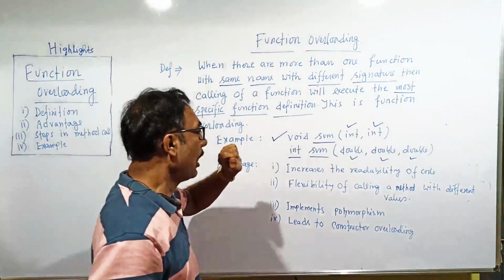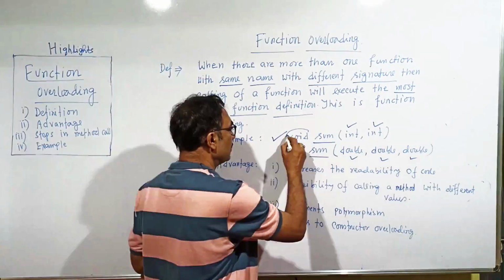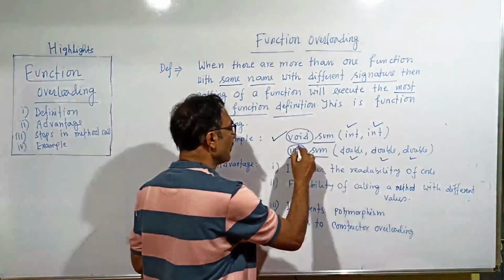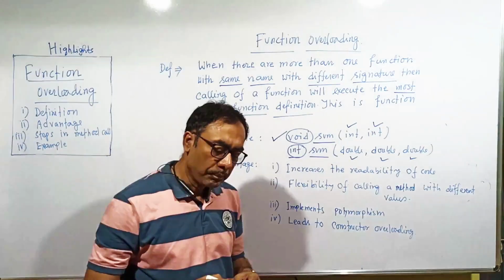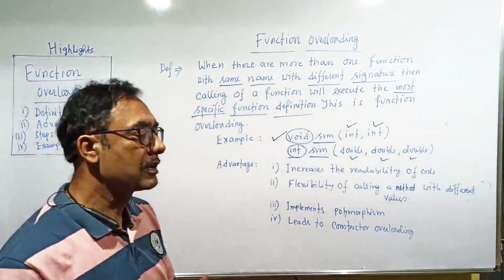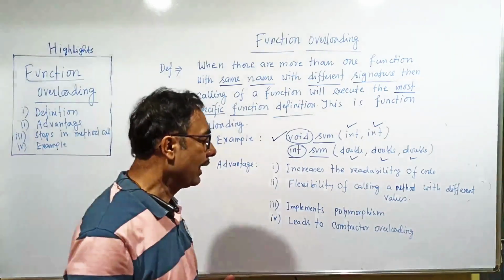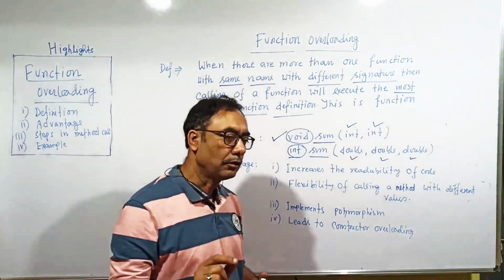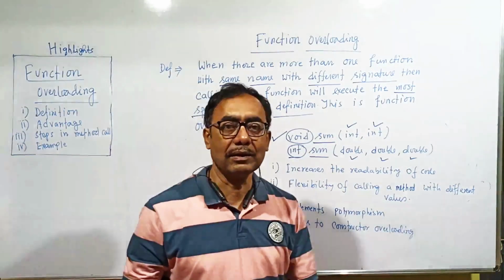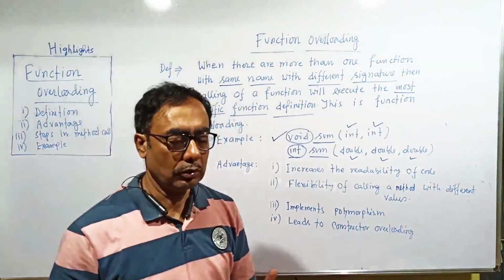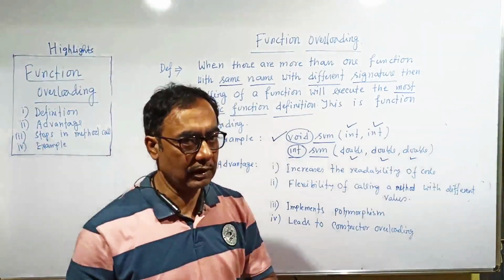However, the return types of the two methods are different. In one case the return type is void, in another case the return type is int. Hence, in function overloading, it does not depend on the return type of the function. The return type may be the same or it may be different.